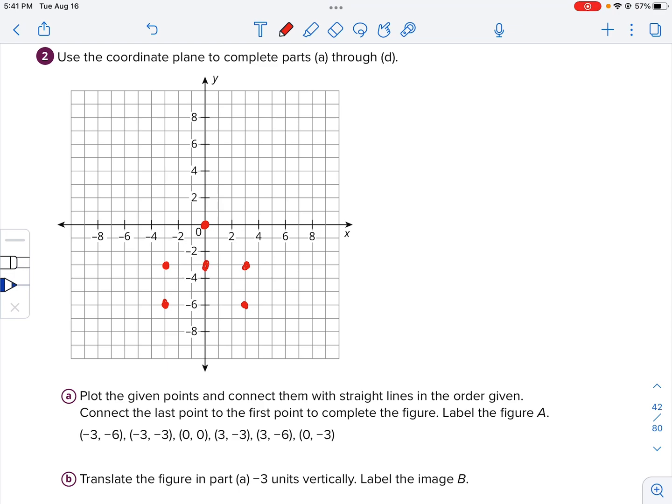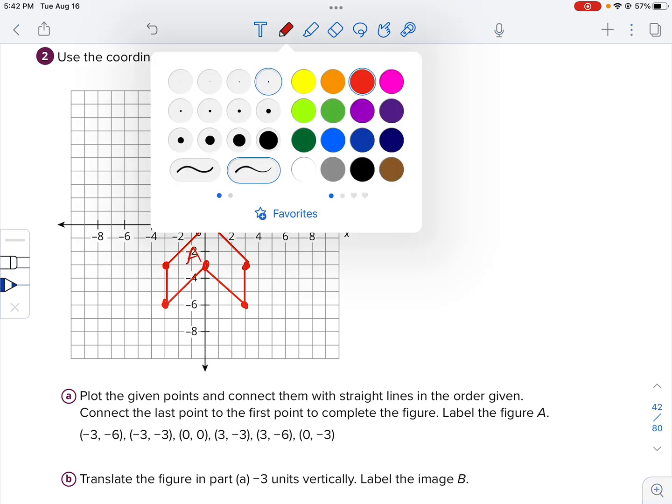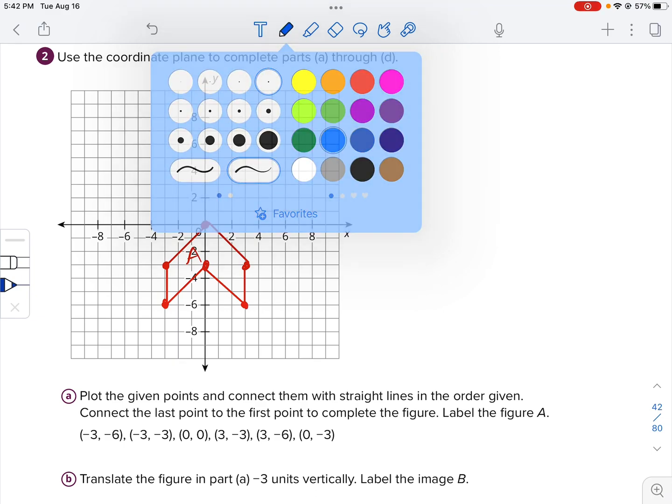And I'm going to connect the first, second, those are really bad connections. Okay, so there's my original. Okay, this is my figure A. And we're going to go with blue.